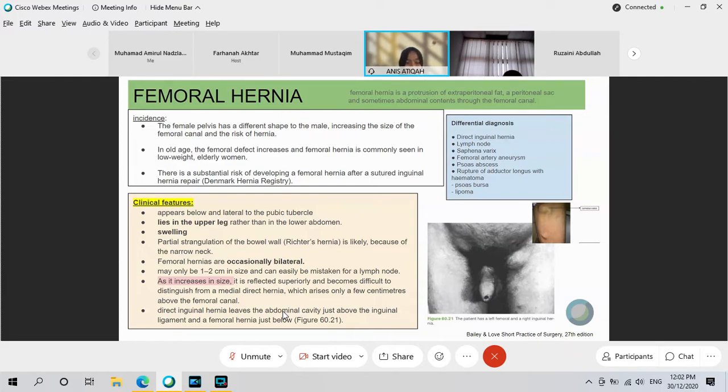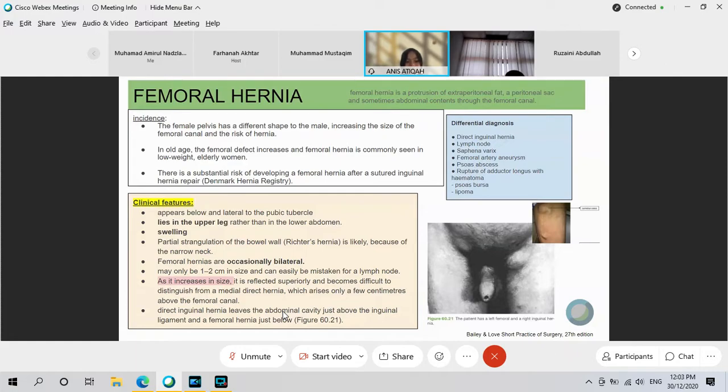For the clinical features, it will appear below and lateral to the pubic tubercle, and it lies in the upper leg rather than in the lower abdomen. It will cause swelling. Partial strangulation of the bowel wall is likely because it has a narrow neck. Femoral hernias are occasionally bilateral, but in this diagram only unilateral. It may be only 1 to 2 cm in size, so because of its small size, it can be mistaken for a lymph node swelling.